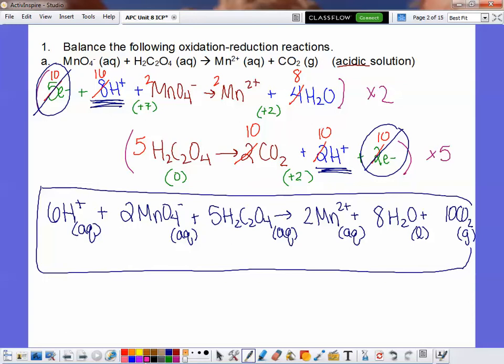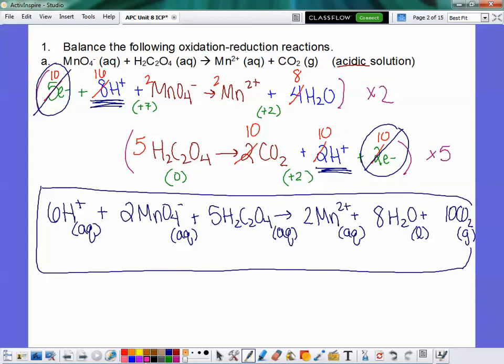Ooh, challenge question. Did you say the one on the left? Why is the bottom one reduction? I'll give you a hint. The bottom was not the reduction half reaction.